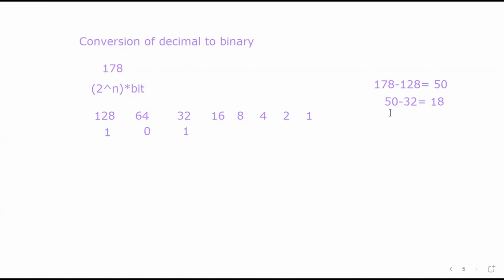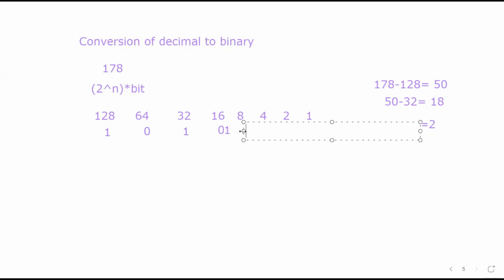Okay. Then where does 18 lie between, 32 and 16, and which is smaller than 18? 16. So I subtract 16 from 18. What comes? 2. So I put 1 on 16.